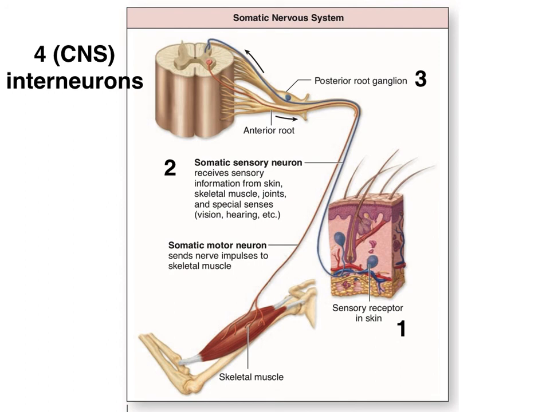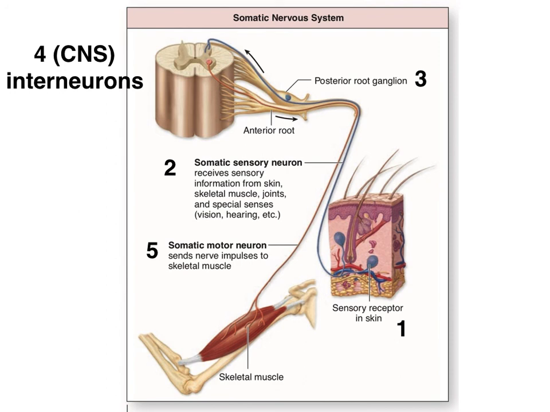And then, if necessary, you would trigger a voluntary response using a somatic motor neuron that connects to skeletal muscle. There's only one motor neuron in the somatic nervous system circuit.